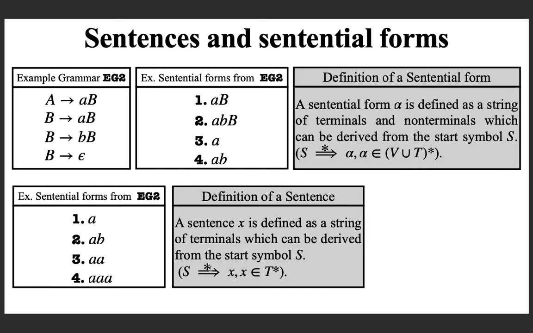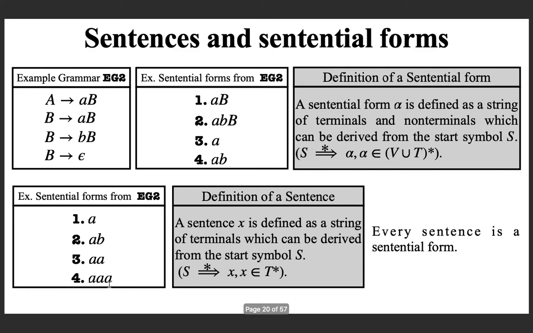In the next slide we shall define derivation, which will make this notation more clear. Now you do not have to worry about this notation. Basically it means if you can derive the terminal string X from the start symbol, then this is a sentence. For example, you can verify that each one of these 4 terminal strings represents a sentence.